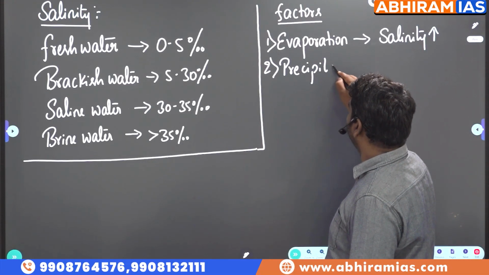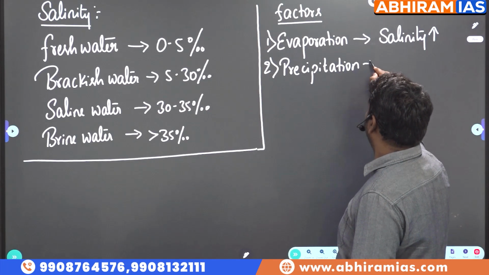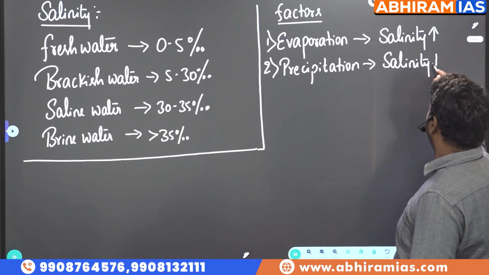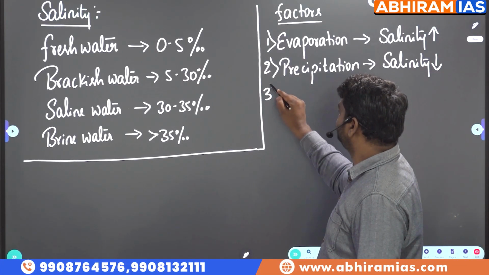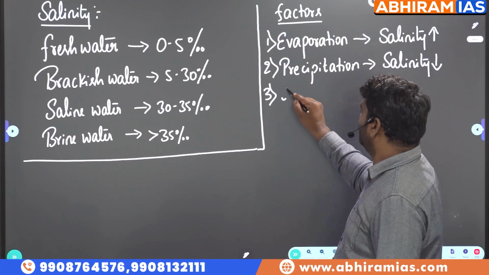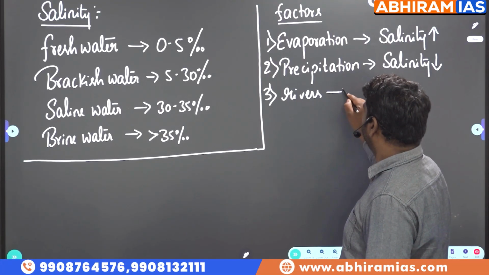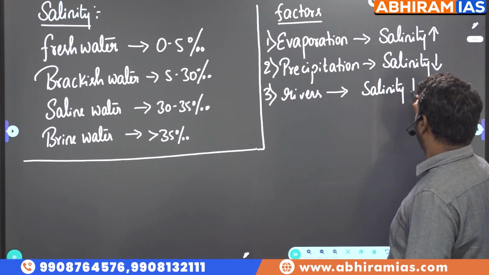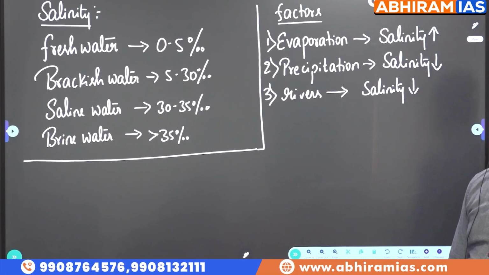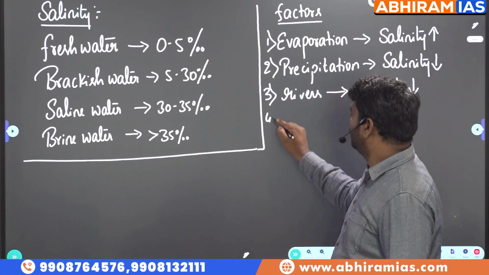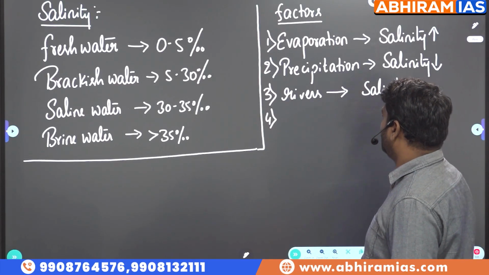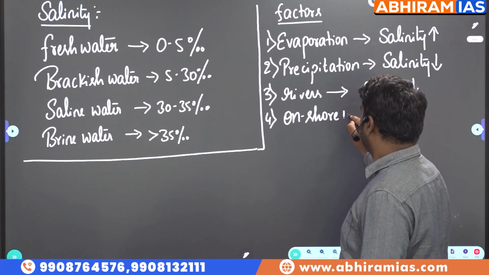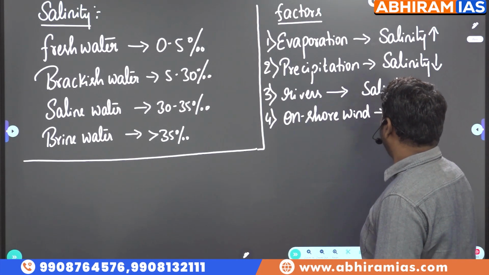Rainfall is more, decreases. Wherever rivers flow, salinity decreases. Onshore wind, that is sea to land, salinity decreases.